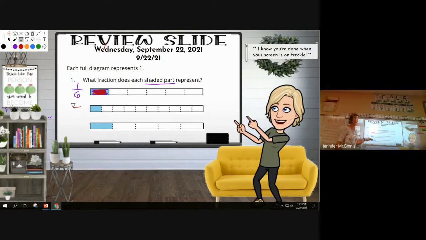What do you got? 1/10. Who agrees with Colton? 1/10. Give Colton a big woohoo! Woohoo! Nice job, Colton. Ella Loudon, you're on for the last one.